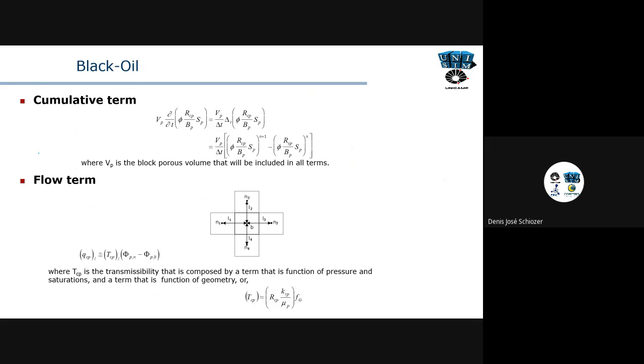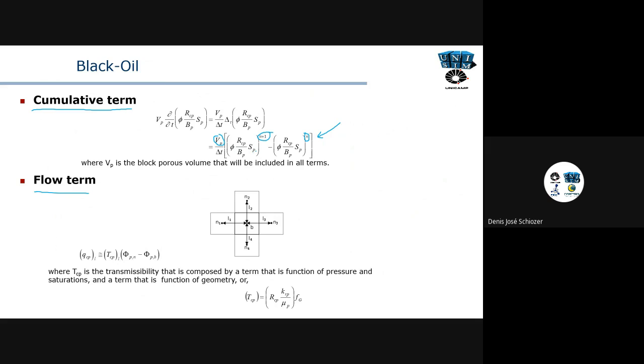Now, again, we are going back to the equations. We have the three terms we were talking about. The first one is the cumulative term, which is the variation in the mass from time n to time n+1. So again, we are taking the volume of the block, multiplying by the porosity, which gives the porous volume, multiplying by saturation.